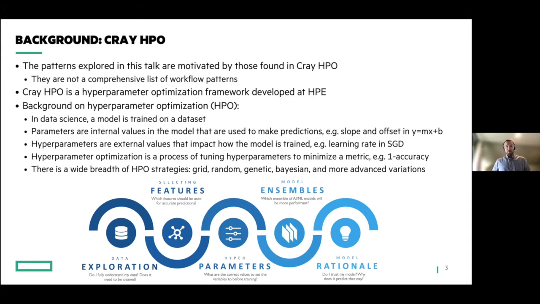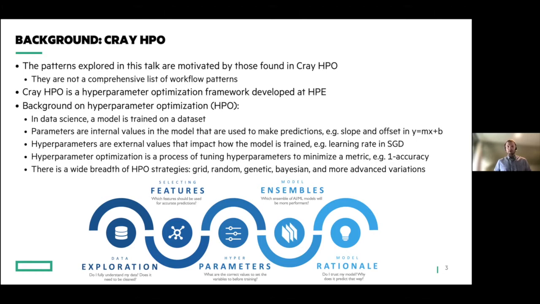So Cray HPO is a hyperparameter optimization framework. To set up what that means, if you weren't familiar with the data science field, which probably many of you are, but maybe not everyone, in general, a model is something that's trained on a data set to make predictions about data sets it hasn't seen before.